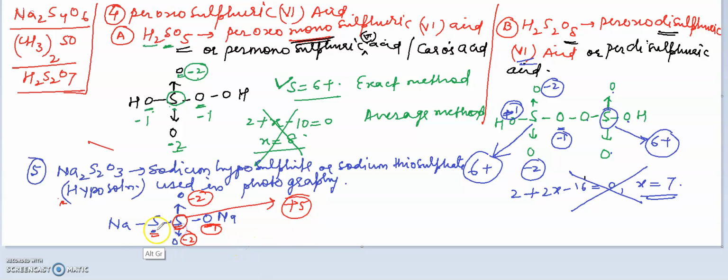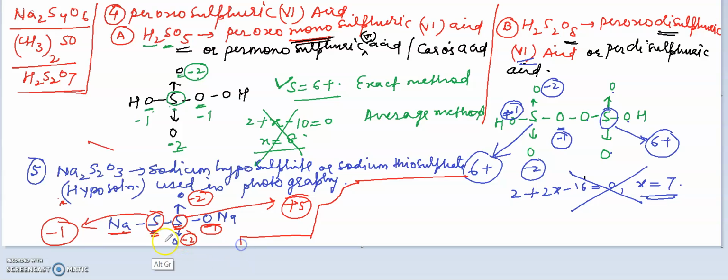Because this sulfur will be having 0 charge, and this sodium is +1, so this will be -1. So this sulfur will be -1 and this sulfur will be +5. Accordingly, you can calculate average oxidation number also. For that, this structure won't be required. Just put the values of oxidation number of different elements in the formula, and then you will get the answer. So this is hypo solution.